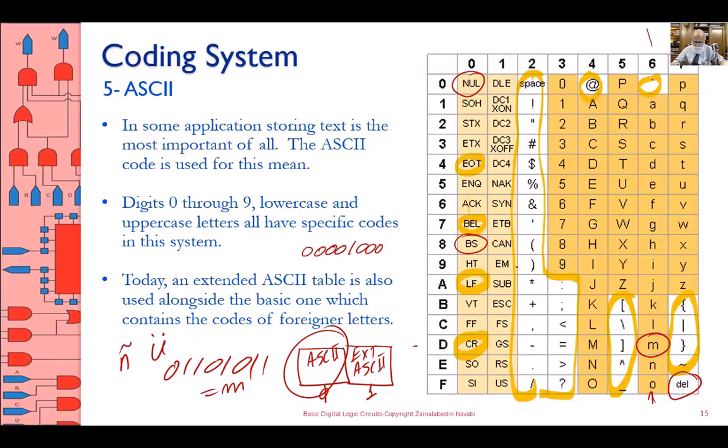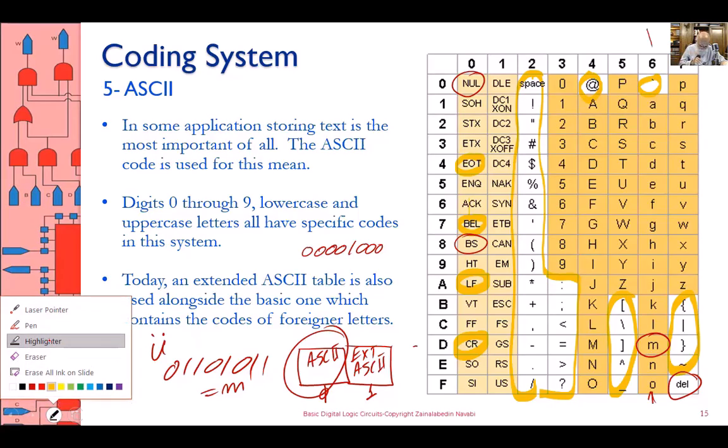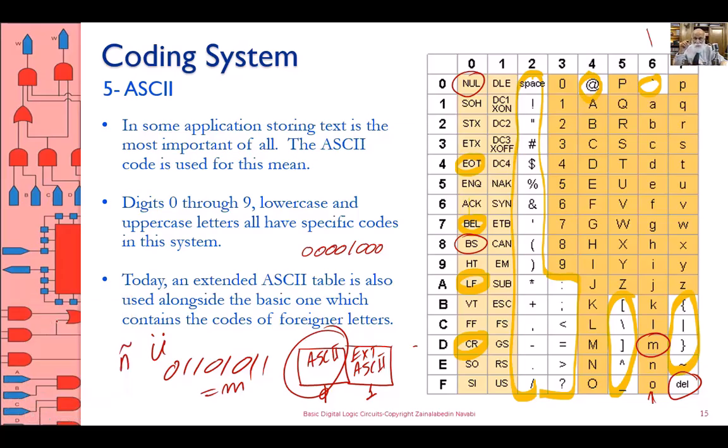Escape, and so on. Because these names are old and some of them don't apply anymore, in order to remember these names, in order to identify these control characters, they are identified by the character on the same row.